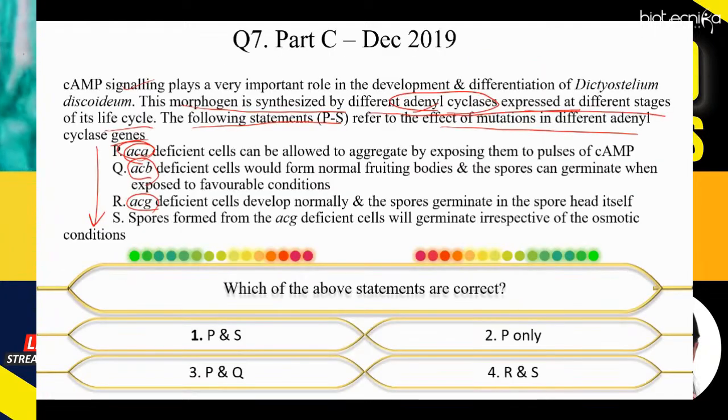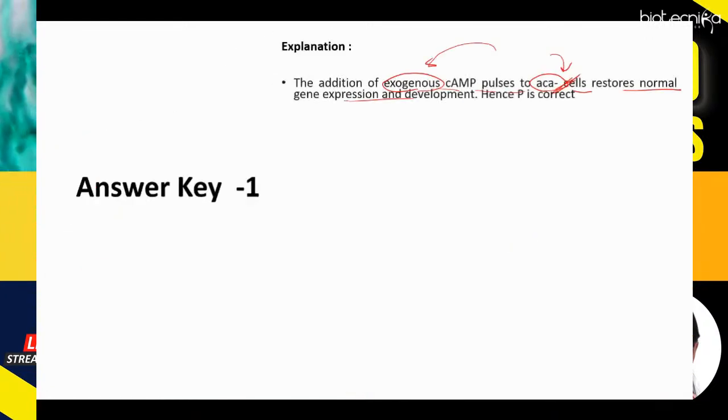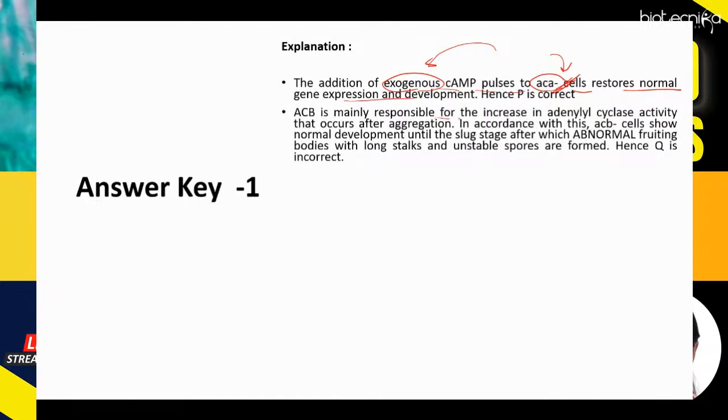So P is talking about the ACA deficient cells, which can be allowed to aggregate by exposing them to pulses of cAMP. Okay. Now, Q says ACB deficient cells would form normal fruiting bodies, and the spores germinate when exposed to favorable conditions. So what is ACB involved in? ACB is mainly responsible for the increase in adenylyl cyclase activity that happens after aggregation. So you can remember, after ACA it is ACB, and ACB minus cells will show normal development until the slug stage.